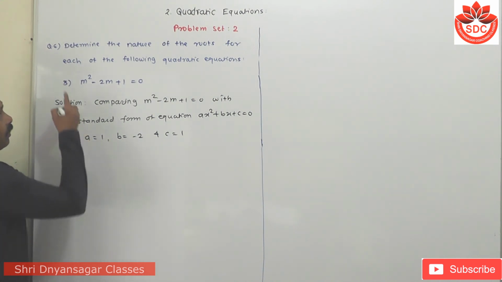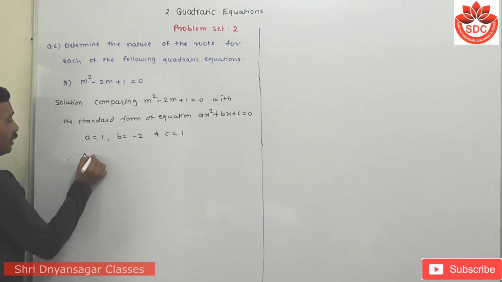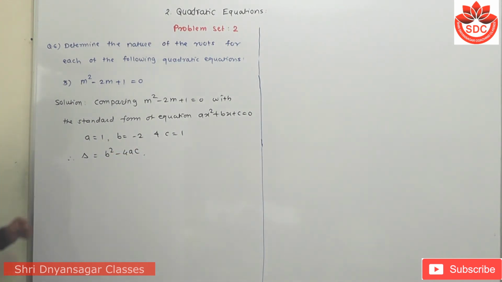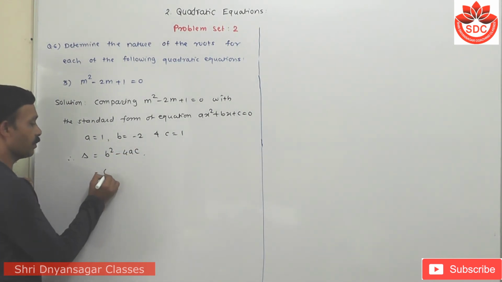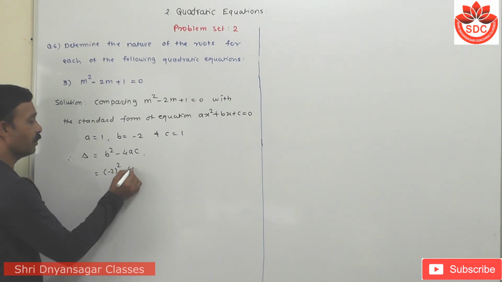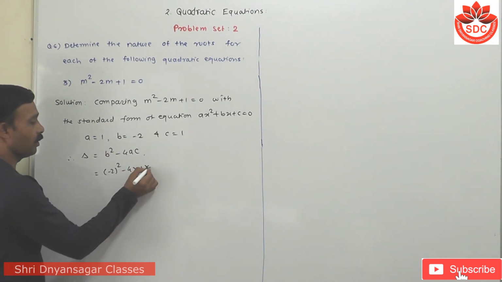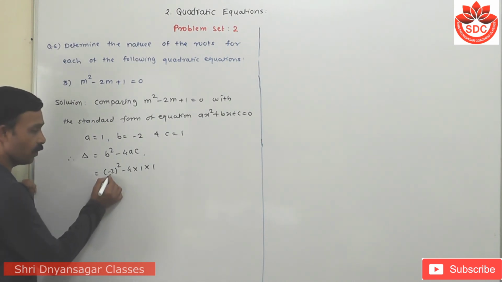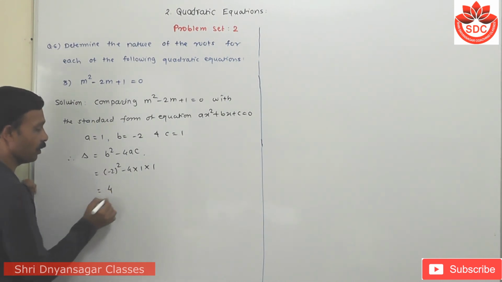Therefore, we have to find the nature. So delta is equal to b square minus 4ac. Substitute the values: b is minus 2 square minus 4 into a is 1 into c is also 1. Minus 2 square is plus 4, then minus 4.